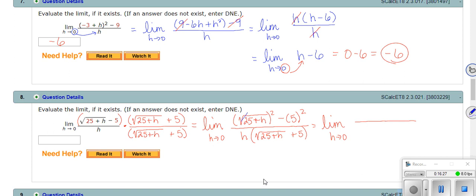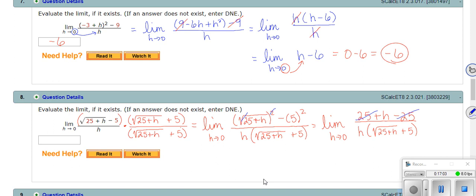That leaves me with 25 plus h minus 25, all over this times that. Don't distribute that h through, leave it outside on the bottom. Because what's going to happen now, I'll just talk you through it: these two are going to cancel, right?